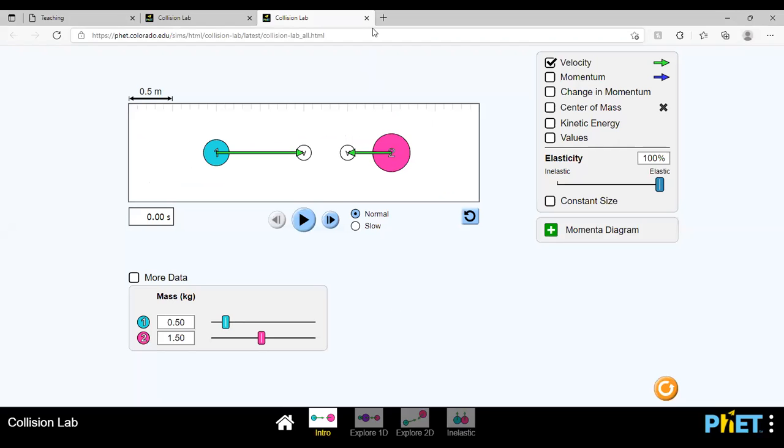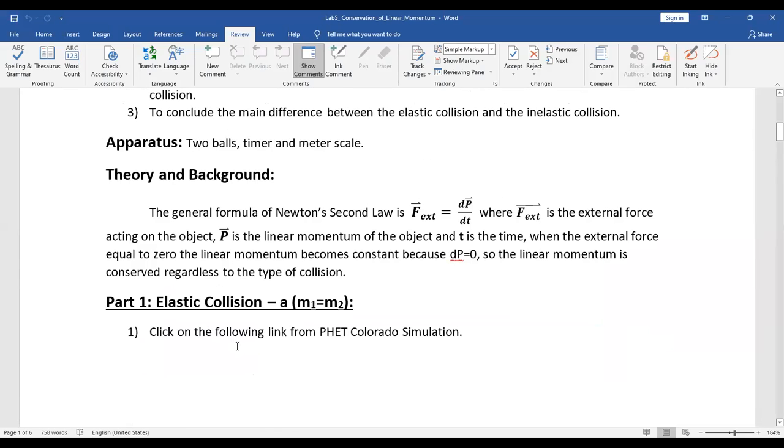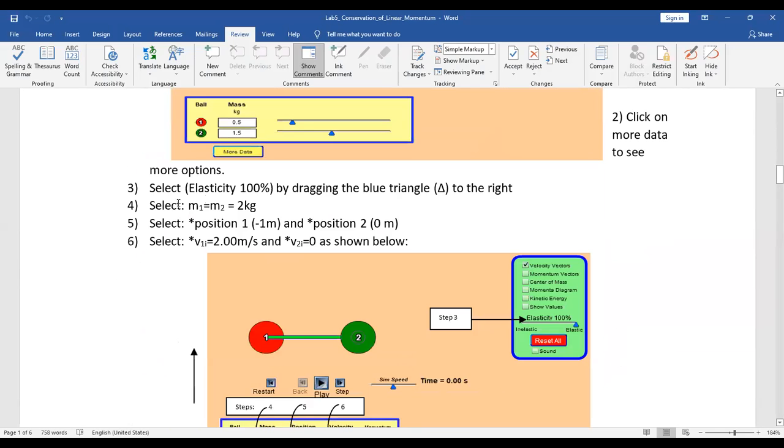Okay, here we come back. This is lab 5. First we have to click here, then the second step is to select elasticity 100%.